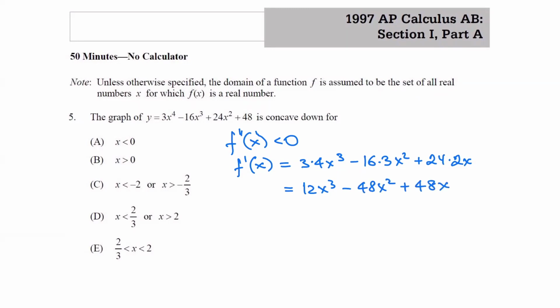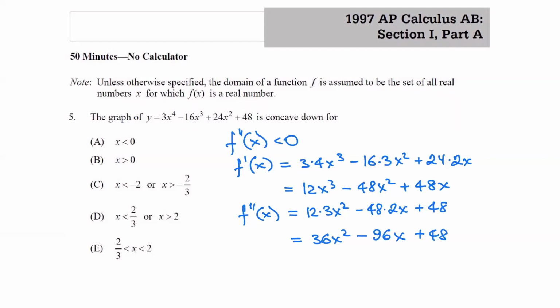Second derivative, differentiate this polynomial will give us 12 times 3x squared minus 48 times 2x plus 48. And again, simplifying, we get 36x squared minus 96x plus 48.